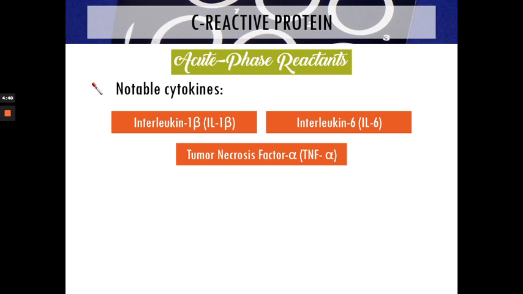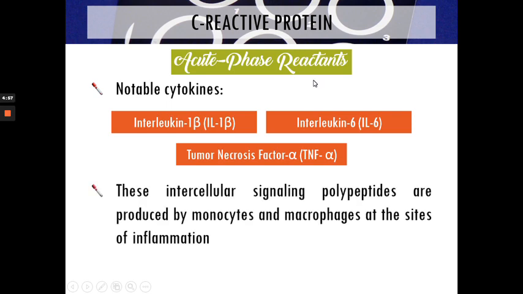All right, ayan. And some of these cytokines, again, you'll be discussing this in your lecture with Ma'am Teddy. Okay, all right, then some cytokines. But for our topic, these are the three major cytokines that influence the increase of your acute phase reactants. Okay. And again, these intercellular signaling polypeptides are produced by monocytes and macrophages at the sites of inflammation.